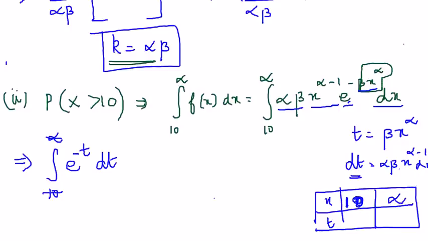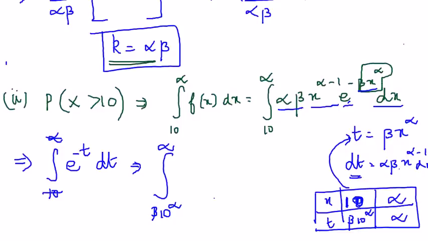Substituting x equal to 10 in this equation, you will have beta 10 power alpha, right? And when x is infinity, obviously t is also going to be infinity. So your new limits would be between beta 10 power alpha and infinity.